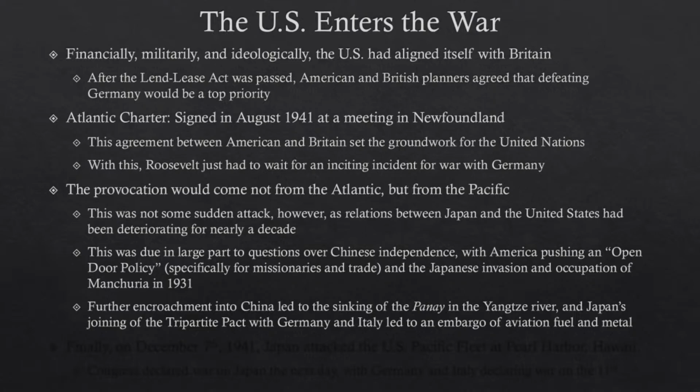And then Japan joined the Tripartite Pact, or eventually the Axis powers, which actually was more an anti-Comintern pact. It was more about containing communist Russia than it was that Germany and Italy respected Japan. It was, hey, Japan's powerful, they're on the other side of the Soviet Union, so let's work with them. But the big thing was that because they joined Germany and Italy, the U.S. stopped sending them aviation fuel and metal, and they didn't really have access to that otherwise.